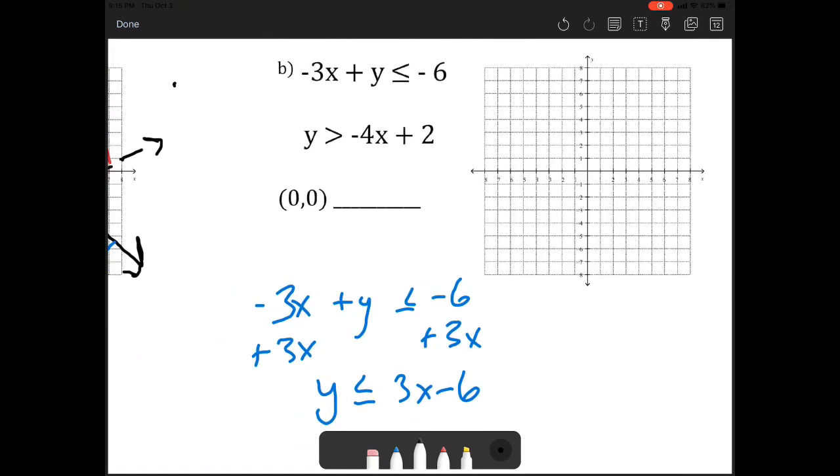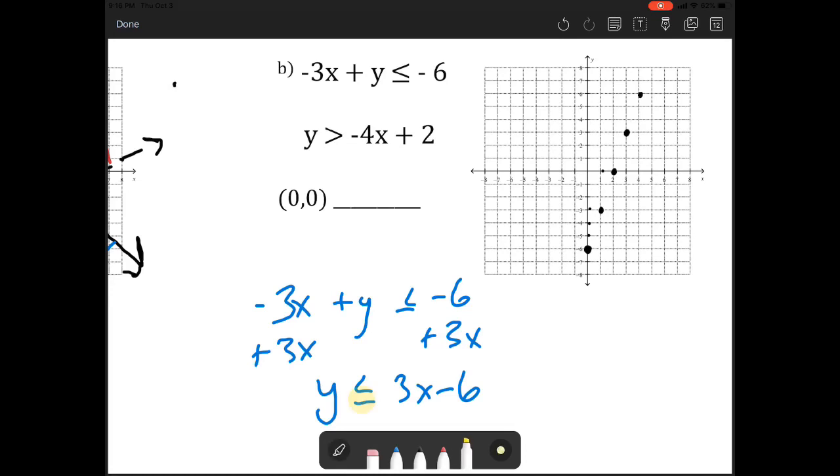So we start with negative 6 as our intercept. Then I'm going up 3, over 1. Up 3, over 1. Up 3, over 1.